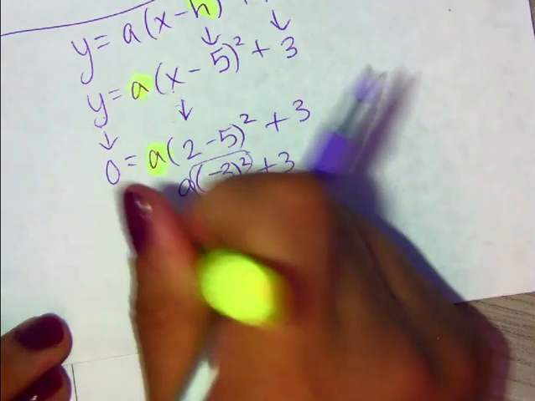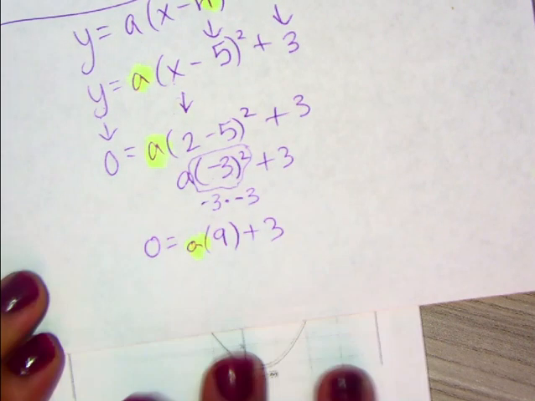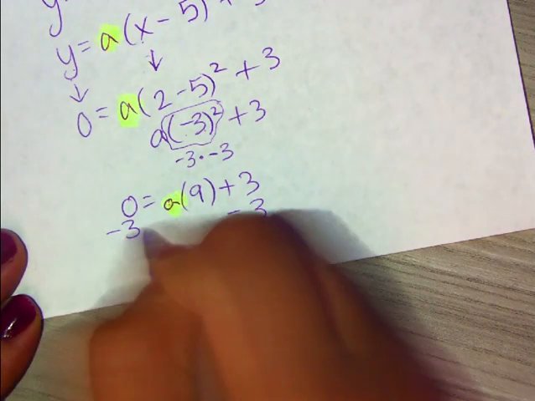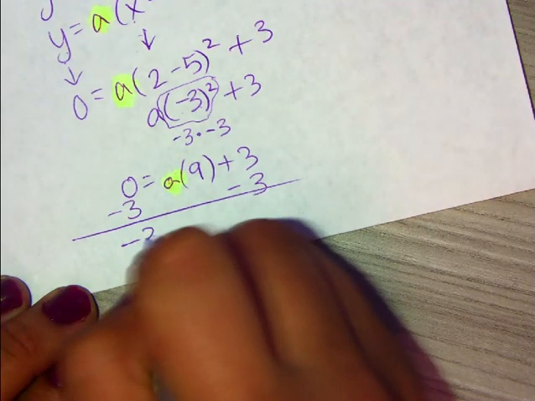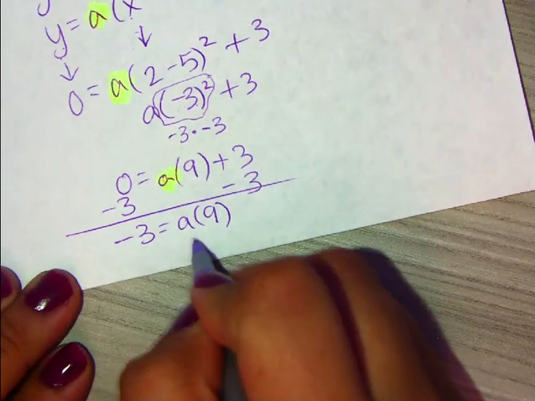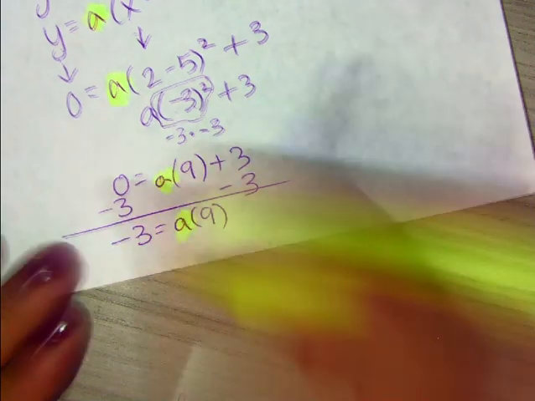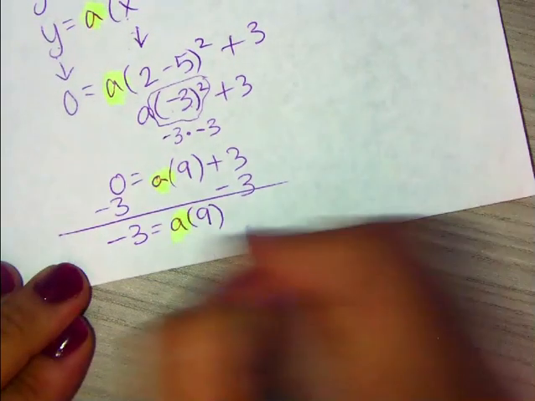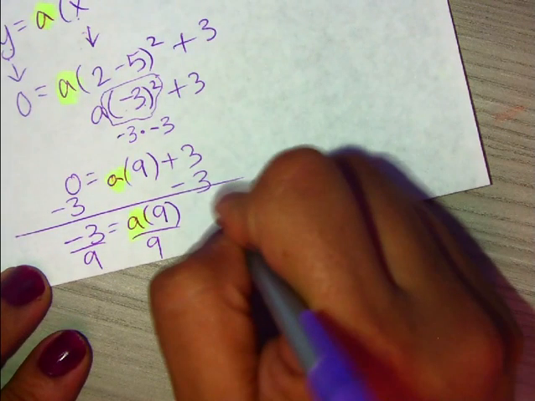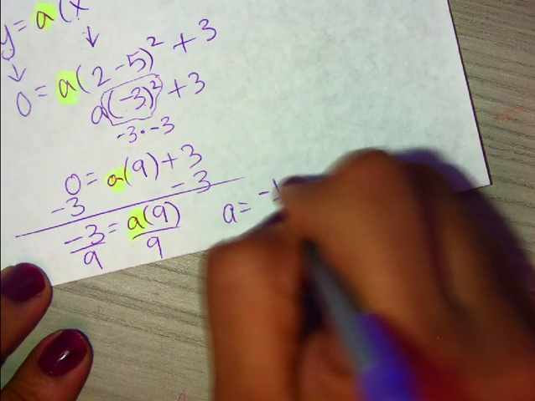And to get the a by itself, we need to subtract the 3. Results in negative 3 equals a times 9. We need to get the a by itself, isolate by inverse operation, so we divide by 9, which results with an a value of negative 1/3.